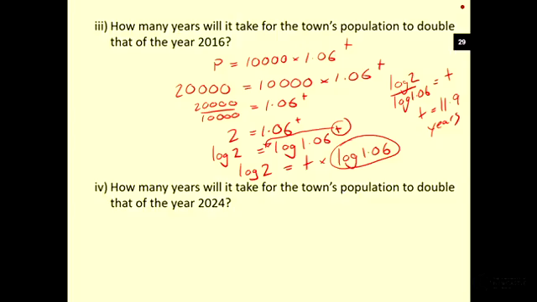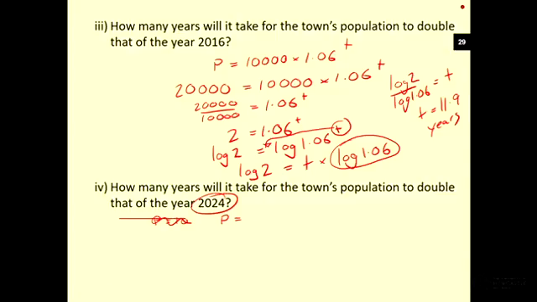Now the next question: how many years will it take for the town's population to double that of the year 2024? Well, in part 2, we estimated the population in 2024 was going to be 15,938. Let's treat 2024 as the initial situation.